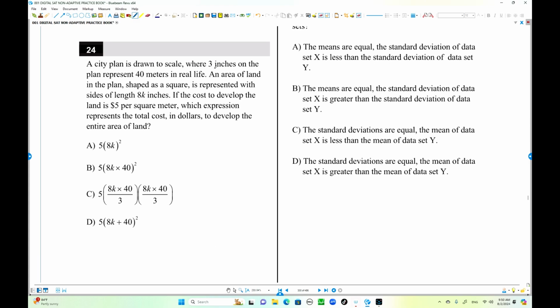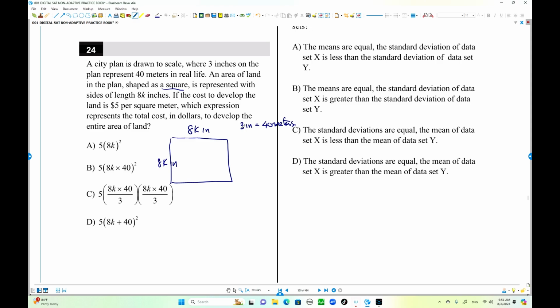City plans, 3 inches to 40 meters. Okay, so we have 8K. That's a square, right? A square. 8K inches. This is also 8K inches. But we know that 3 inches is 40 meters.